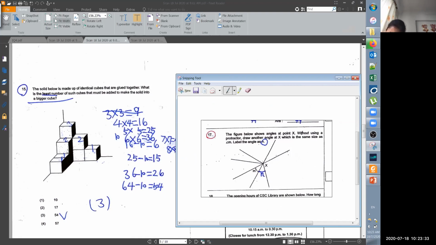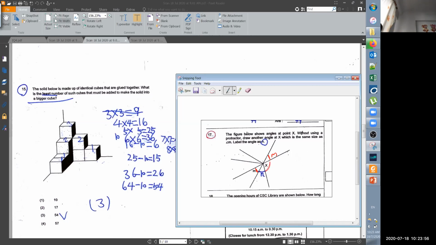Okay, so if you do that, if this is m, right? So that means this is your m also, right? Then, draw another angle at X which is the same size as m. So how are you going to draw an m which is the same as this m? You must draw it here.